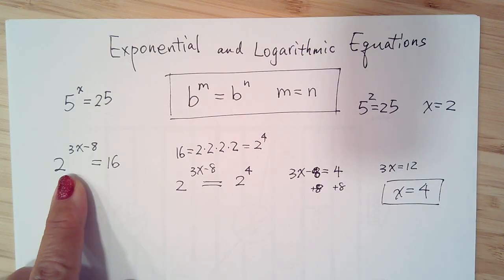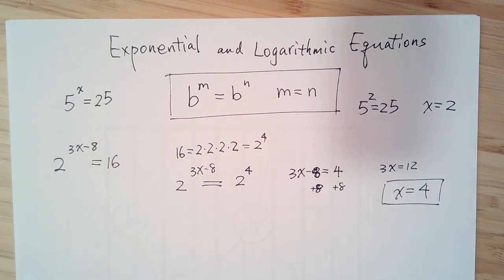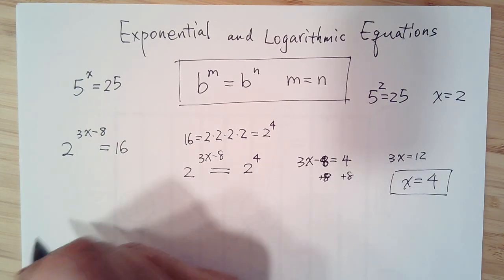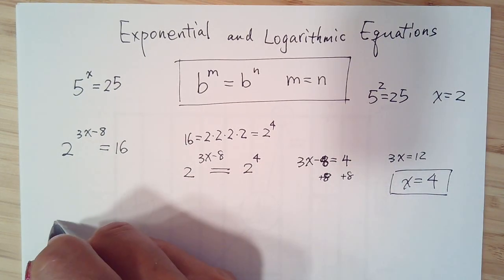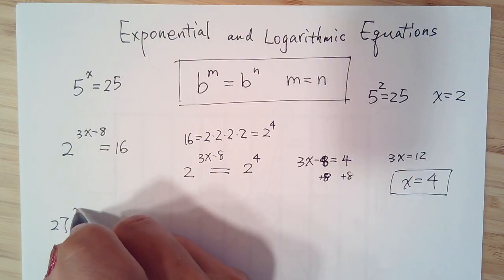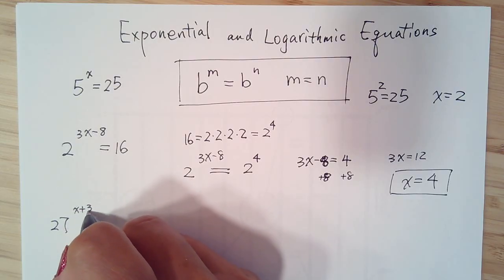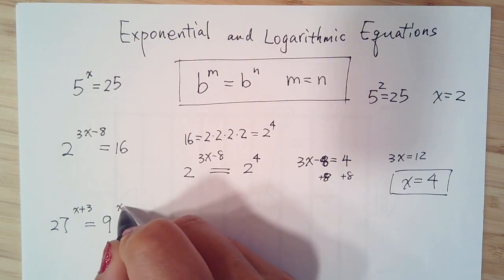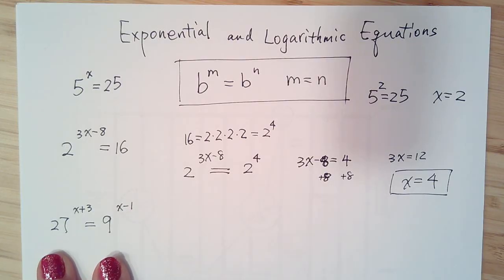So this is a very easy example because the numbers are very familiar. Okay? So let's try one more, and then we go to the complicated one. Not that obvious. 27 to the power of x plus 3 is equal to 9 to the power of x minus 1. Now, what is the relationship between 27 and 9?